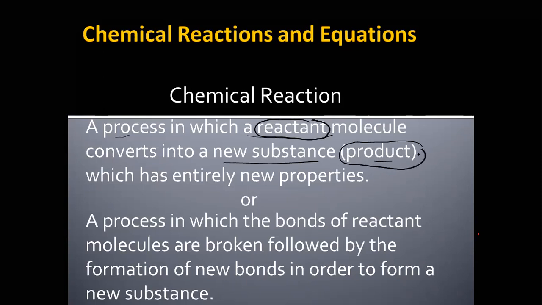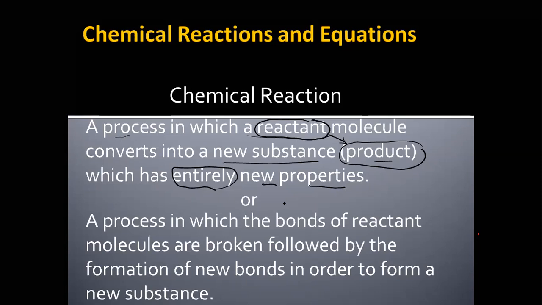How is the product formed? Product is formed by the chemical reaction, and basically the reactant gets changed into the product. That product has entirely new properties. The point to remember: entirely new properties.